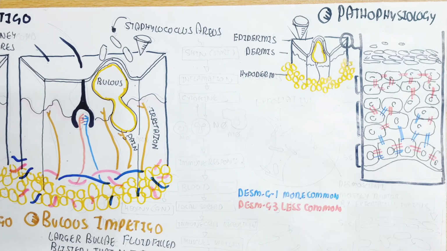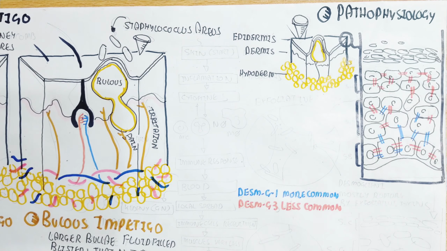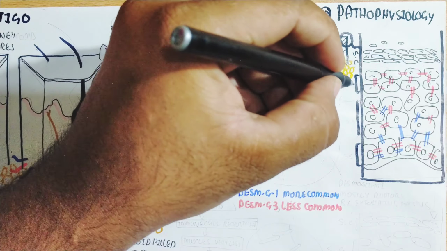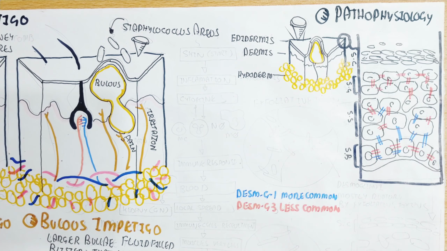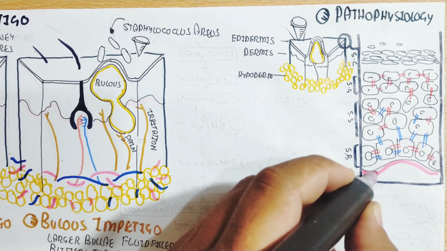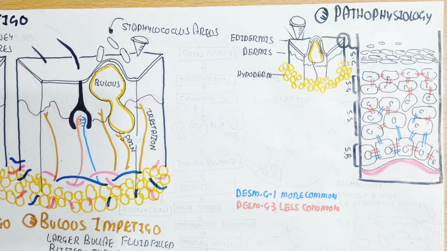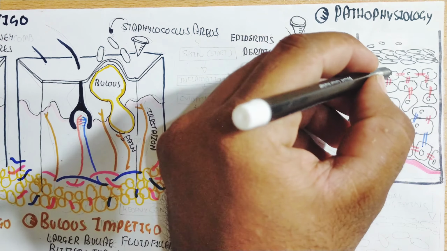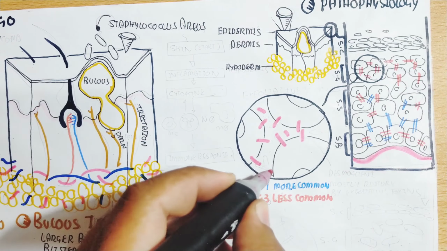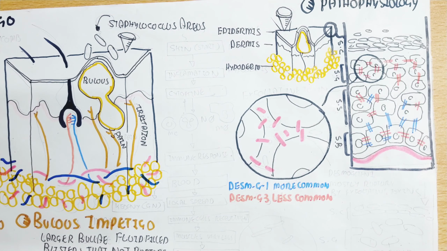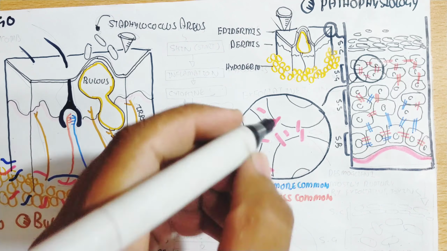So in this way, here is the stratum corneum, stratum granulosum, stratum spinosum, and the stratum basale. The stratum basale and stratum spinosum contain both types of desmosome, with desmoglein protein 1 and 3, while the upper stratum granulosum contains only one type, desmoglein protein 1.